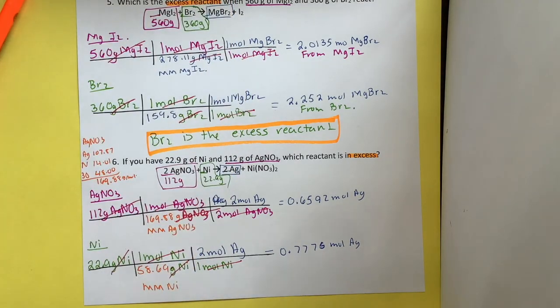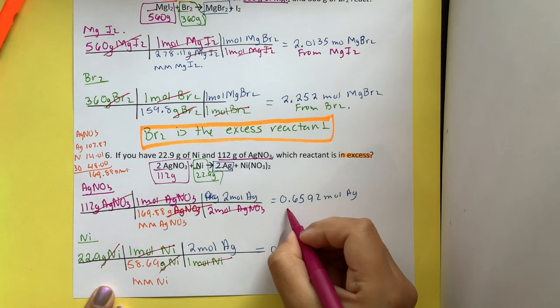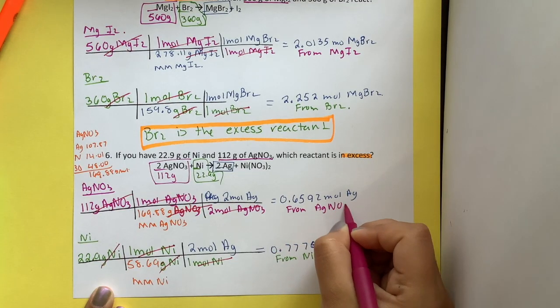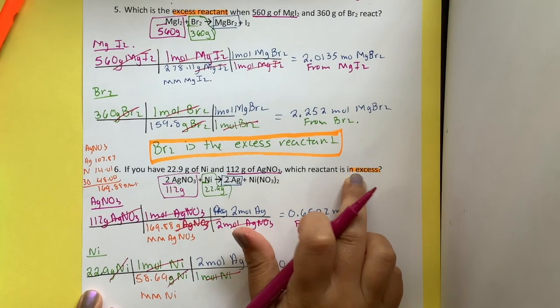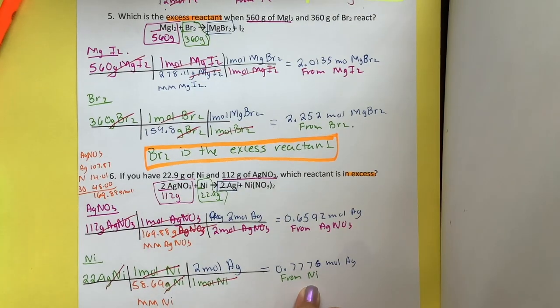Okay, so this came from nickel, from Ni, and this came from AgNO3. So this question originally asked me for the excess reactant. Excess reactant, remember, is the reactant that produces more product. So which one produces more product?